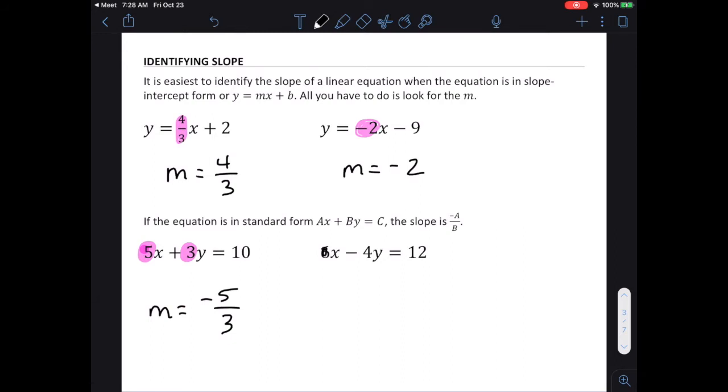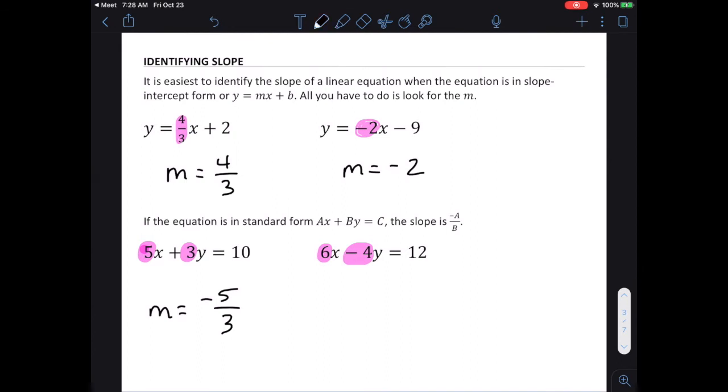So we have, whoops, I don't want to use the pen. I'll use the highlighter. So we have a 6. And in this case, we want to be really careful because a lot of times people will just highlight that 4, but we need to remember that if it's minus 4y, the minus sign goes with the 4. So it's a -4.